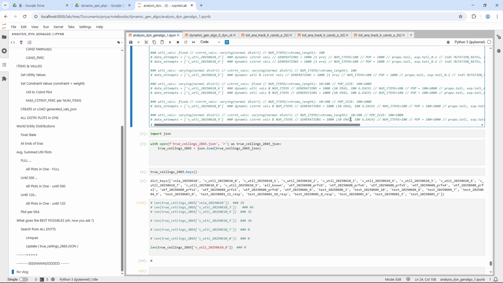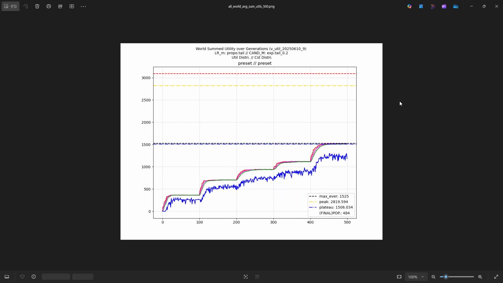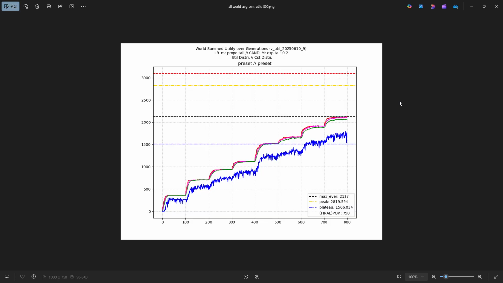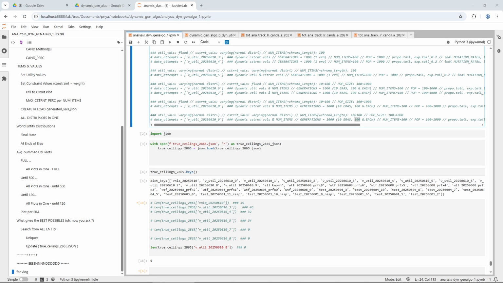And so therefore that's 10 eras, 100 generations each. Some utility plots. Again, here the maximum ever is 2832. Wow, that's great. Oh, let's look at the distribution.